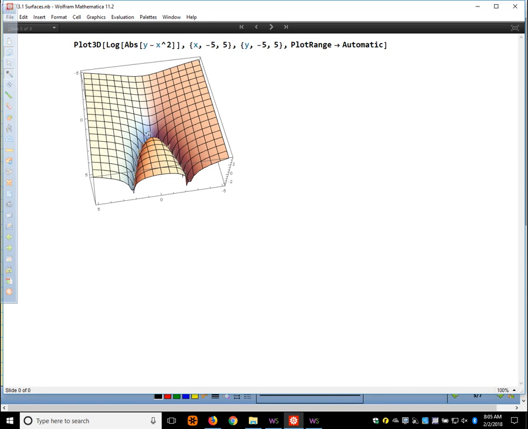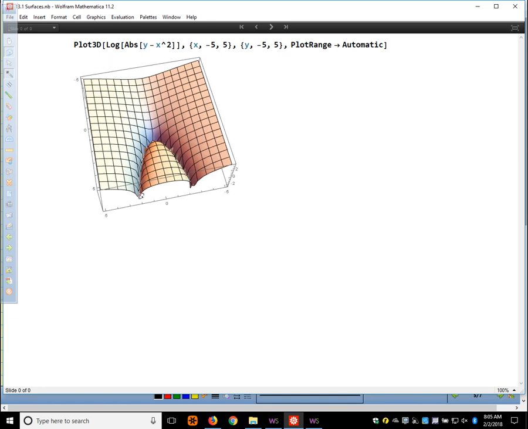So looking at this graph, what are you guessing is happening here? The function, well, we don't really have asymptotes for multivariable functions. Our function's undefined. Well, this is the natural log of something. Where's the natural log undefined?